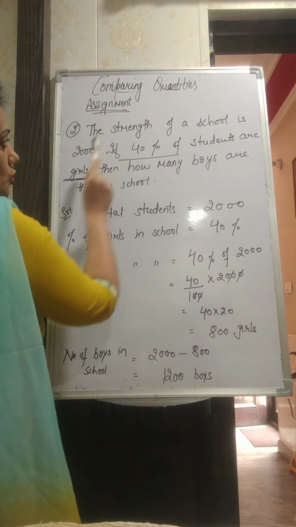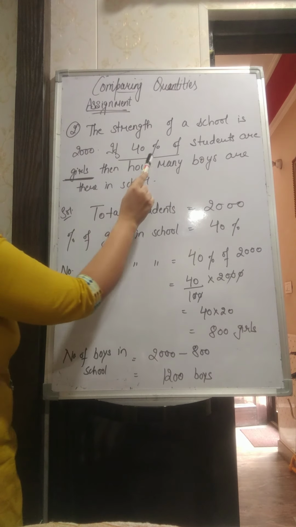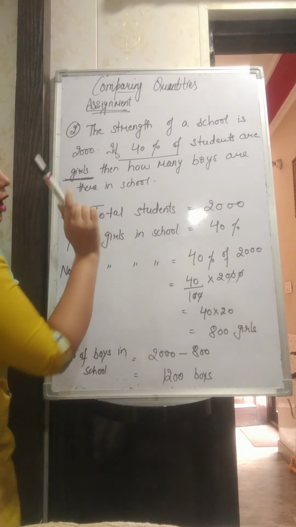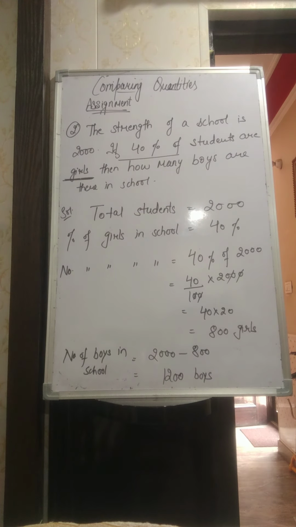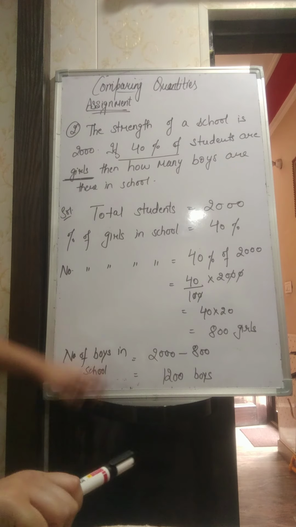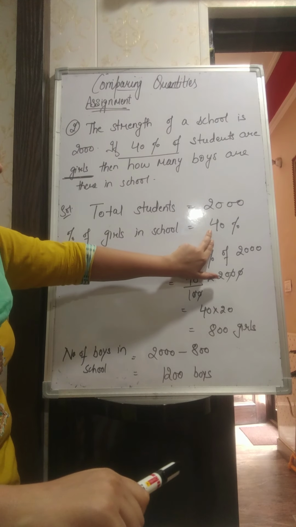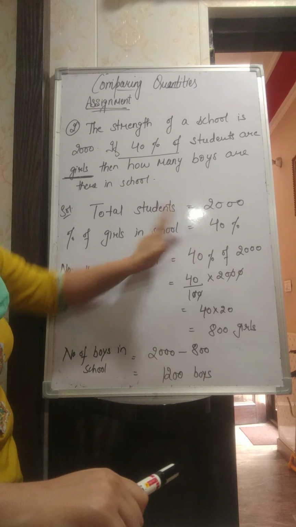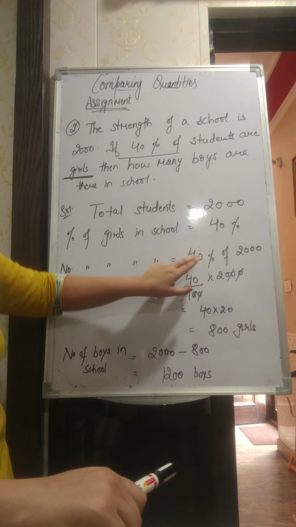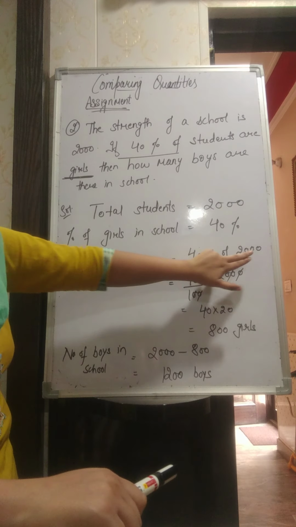The strength of a school is 2000. 40% of students are girls. We have to find how many boys are there in the school. So what we have written, that the total students are 2000. Now when the percentage of girls is given, from there we can find the number of girls in the school, that are 40% of the total.